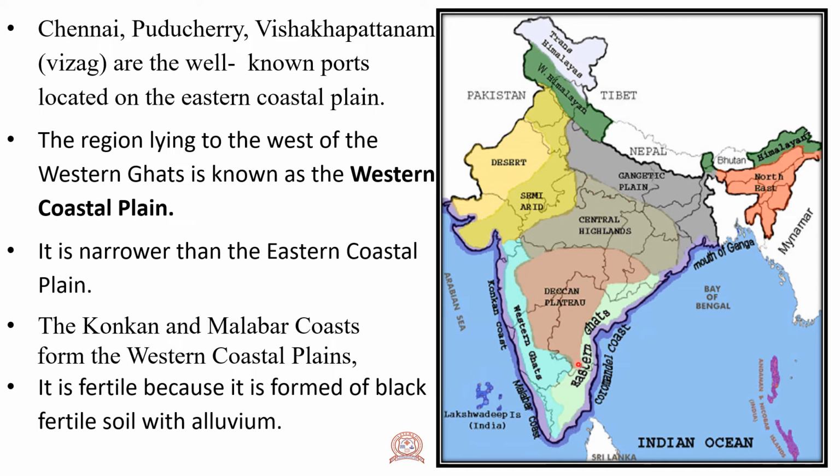The region lying to the west of the Western Ghat is known as the Western Coastal Plain. It is narrower than the Eastern Coastal Plain. The Konkan Coast and Malabar Coast form the Western Coastal Plain. It is fertile because it is formed of black fertile soil with alluvium.